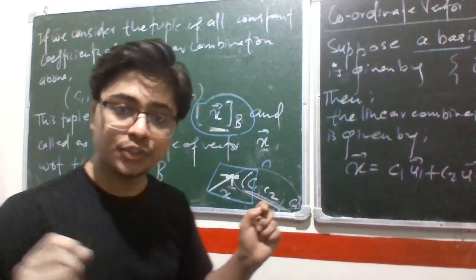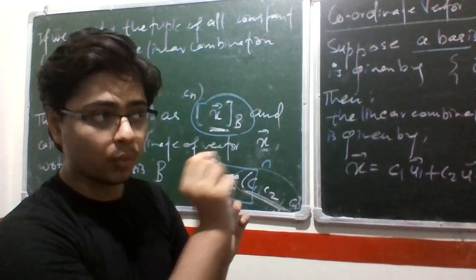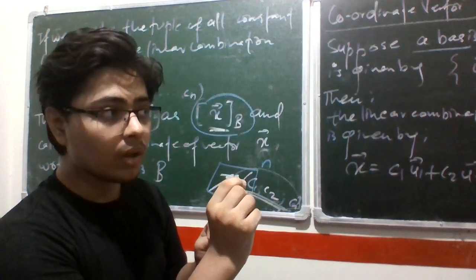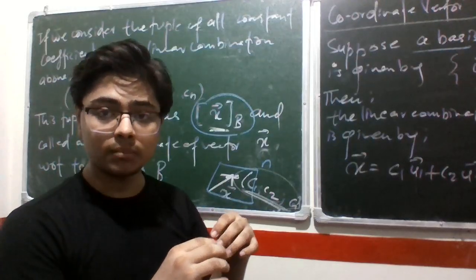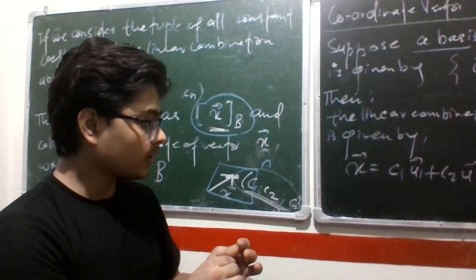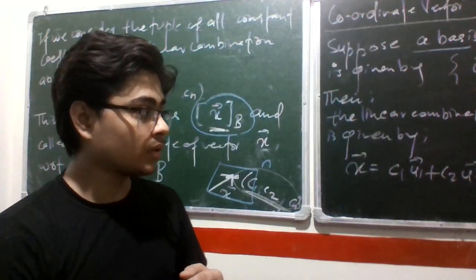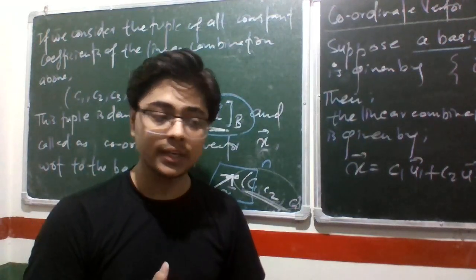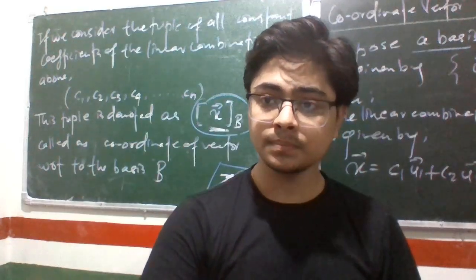And if you see it geometrically, it defines a point in the n-dimensional space. Yes, so that would be the geometrical description. So I think I made it clear. Okay, so this is all about coordinate vector.